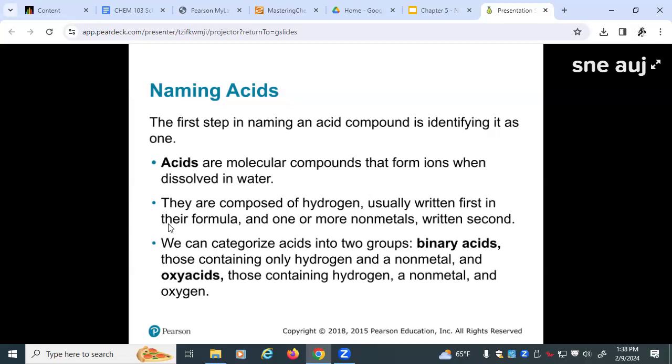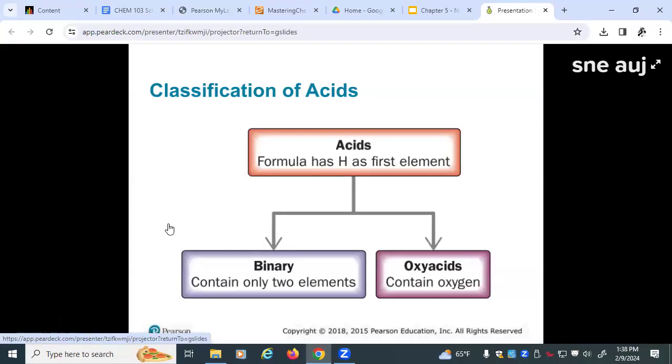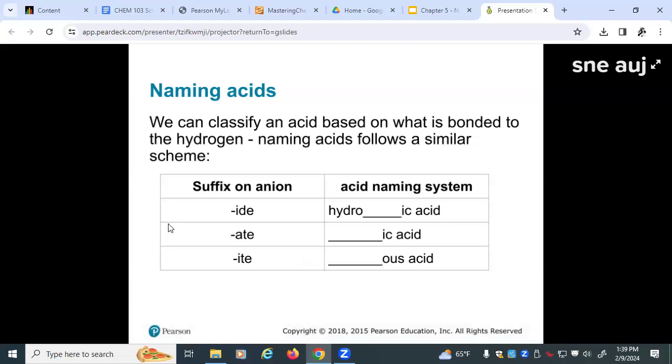For the purposes of talking about naming here, we're going to largely avoid this classification system, because naming acids doesn't fall into this binary system. Naming acids actually falls into a threefold system. The threefold system of naming acids has everything to do with what is attached to that hydrogen in that compound.